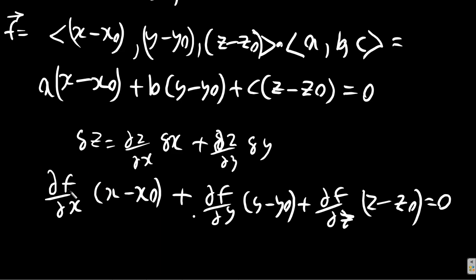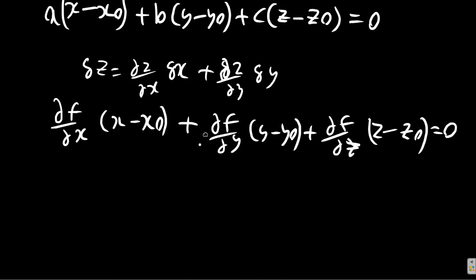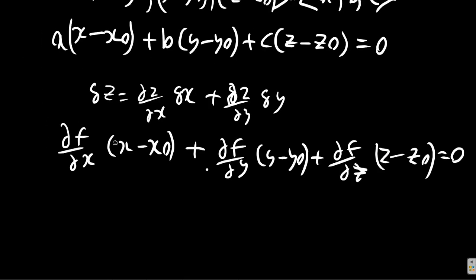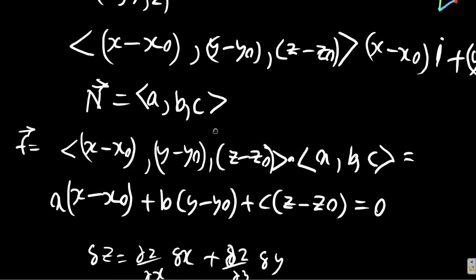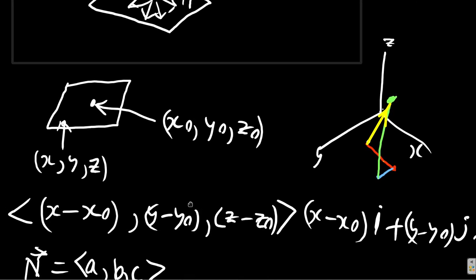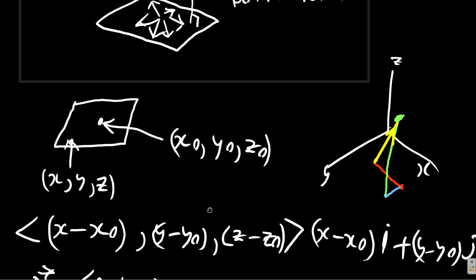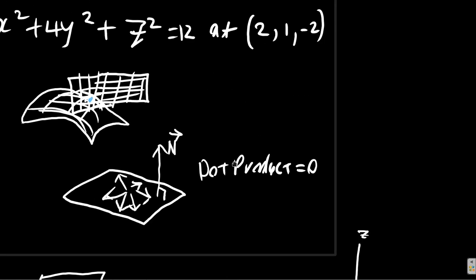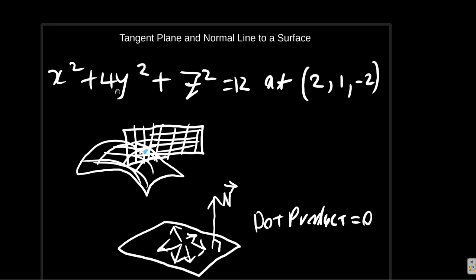Now, we're going to need delta f by delta x, delta f by delta y, delta f by delta z. What we need is the gradient of the vector that's associated with the surface.